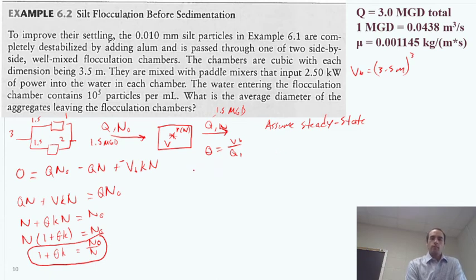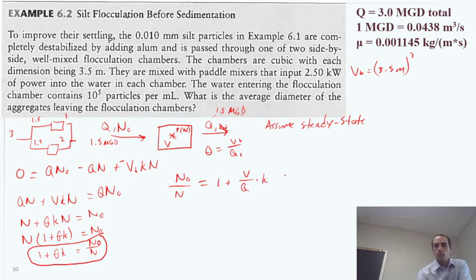Let's go ahead and put in the numbers and solve for n naught over n. Some of you said that you have the values here, so I'm just going to write it out. It's going to be 1 plus theta k, so V over Q times k.